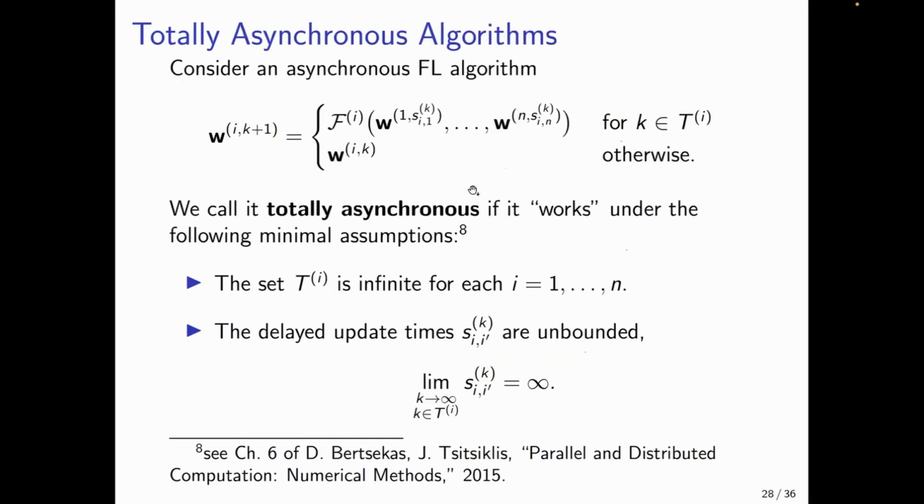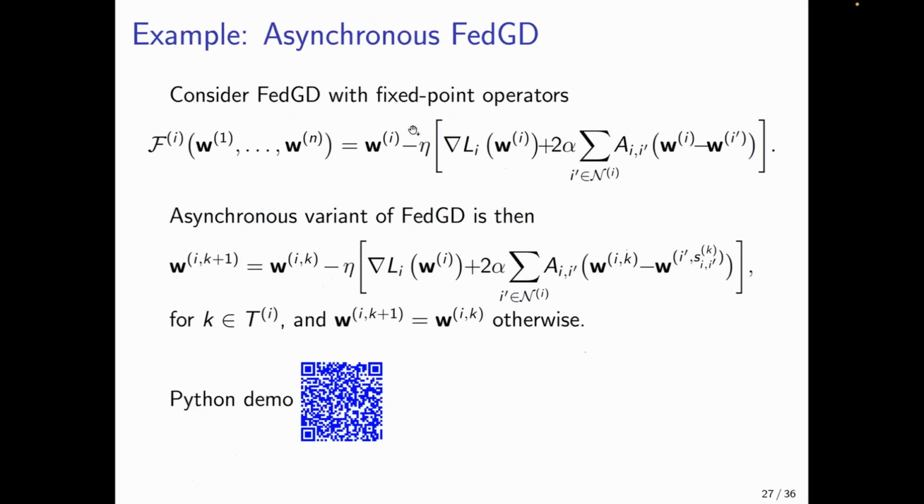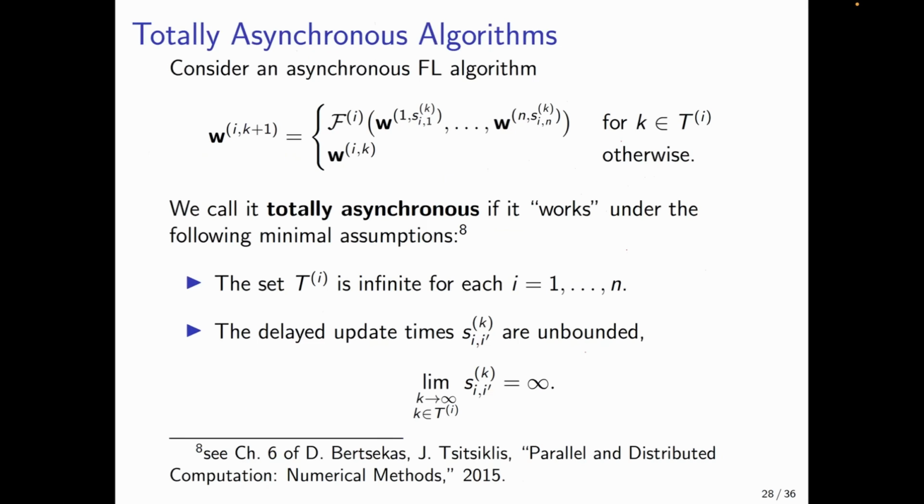And all these design choices have an influence on how these fixed point operators look like. So this fixed point operator, for example, for federated gradient descent involves a parameter of the algorithm, the step size eta, involves local loss functions, and involves the structure of the federated learning network via these neighborhoods and edge weights. So all these components determine how these fixed point iterations look like, how this operator looks like.